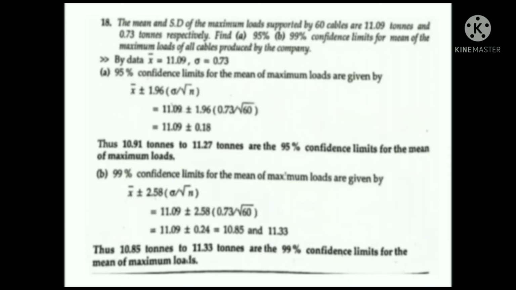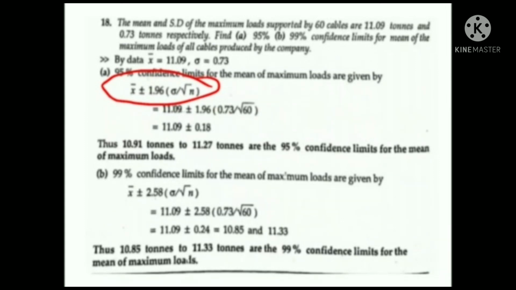From the data, x bar is given, that is 11.09, and the standard deviation sigma is 0.73. At 95% confidence limits for the mean of maximum loads, what is the formula? For 95%, the critical value is plus minus 1.96. Hence, we have the formula as x bar plus minus 1.96 into sigma divided by root n. These are the confidence limits.